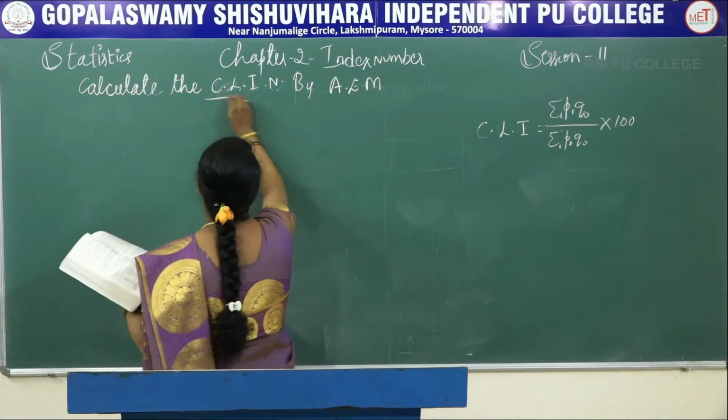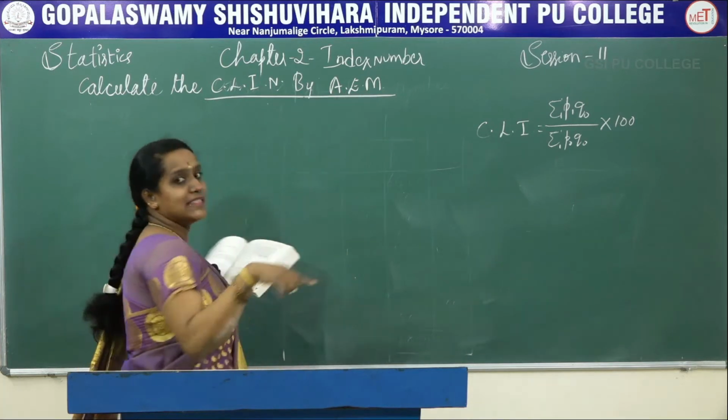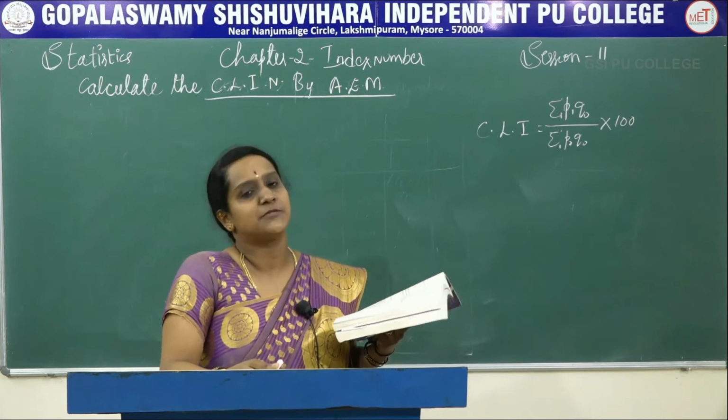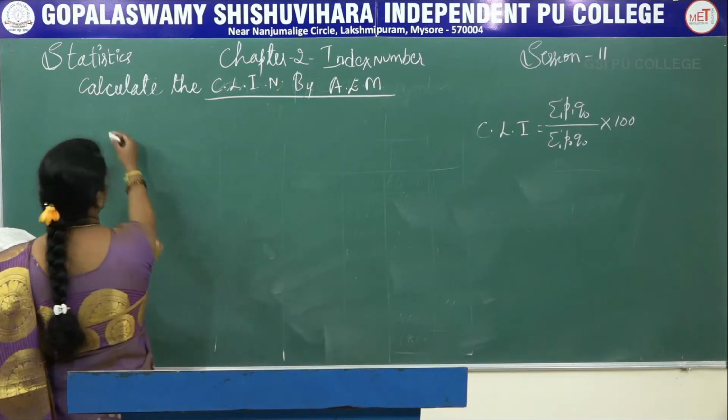It is nothing but the cost of living index number by the aggregative expenditure method. And the last problem we solved is also the aggregative expenditure method. See, we will take down the problem first.